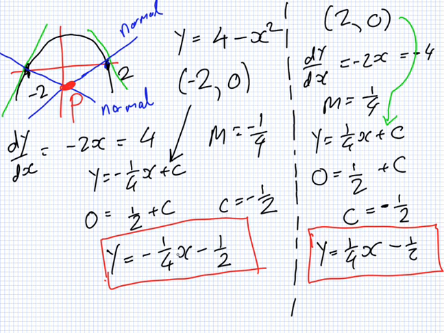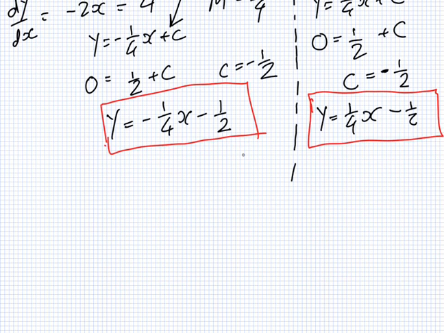Got the answer? No? You can actually almost see the answer from the two equations. If you look at those two equations, you can almost see that the answer is x is 0 and y is minus a half. But we'll just use the method of substitution.